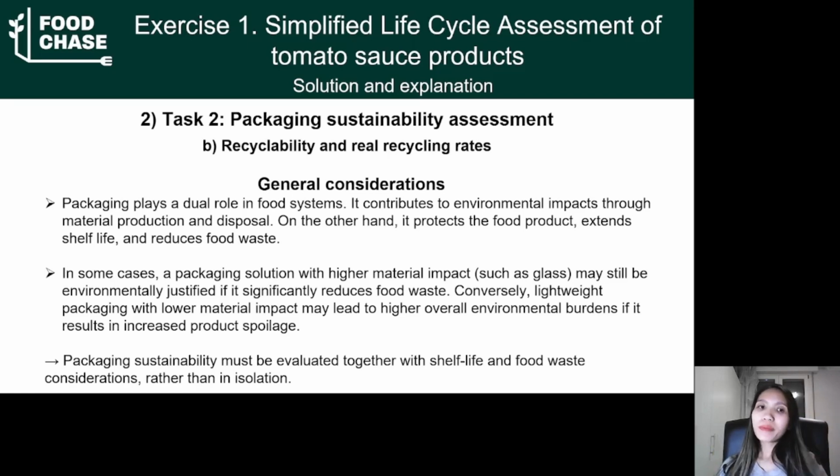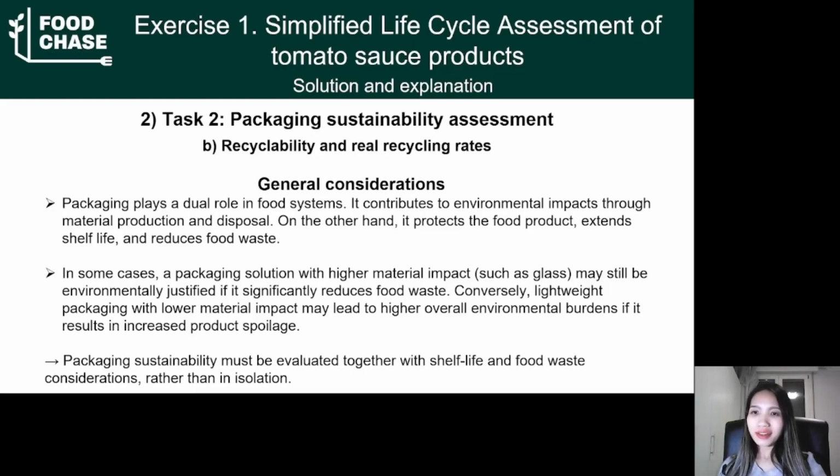Packaging plays two roles in the food system. It contributes to environmental impact through material production and disposal. But on the other hand, it has the purpose of protecting the food product, extending the shelf life, and reducing food waste. In some cases, a packaging solution with higher material impact, like glass or metal, may still be environmentally justified if it significantly reduces food waste.